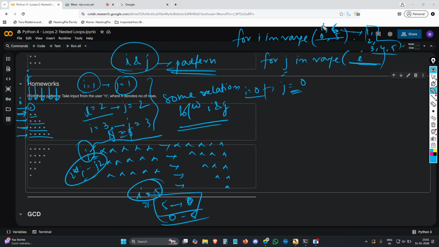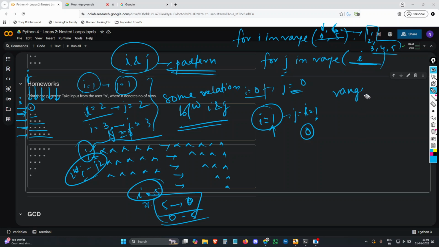If I make the range 1 to 6, so now for i equals 1, what will j do? Because j is running till i now, that means j is also going to 1. i's first value is 1, so j's range is 1. What is the value? Only 0.